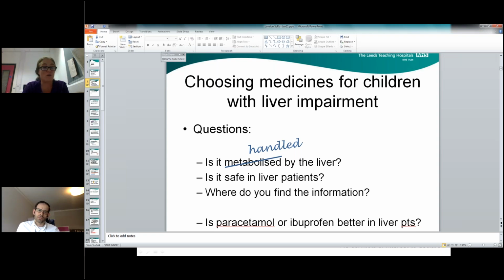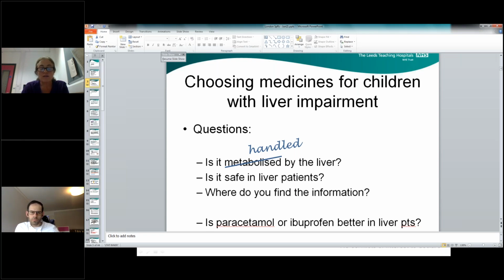I get asked, how do I find all this information? And of course, there aren't any very good sources. We don't have nice equations like renal do for calculating creatinine clearance, so we have to use other methods, and often that means thinking more in first principles about what we would do.